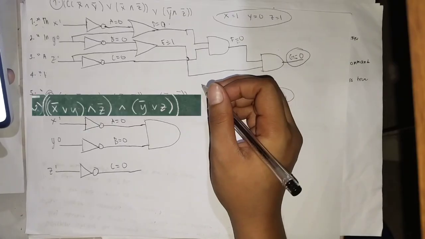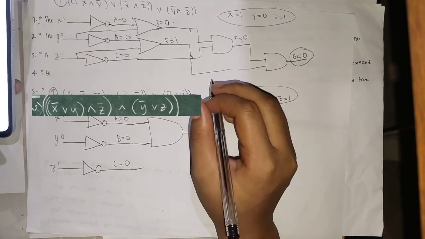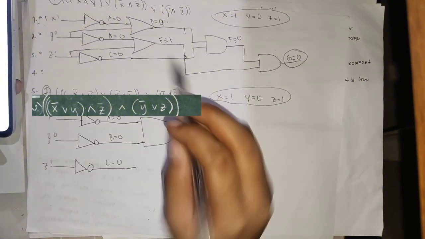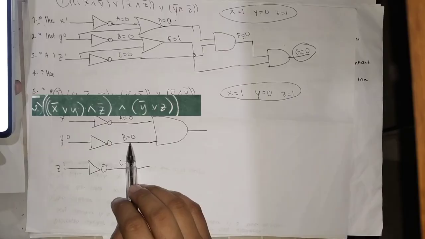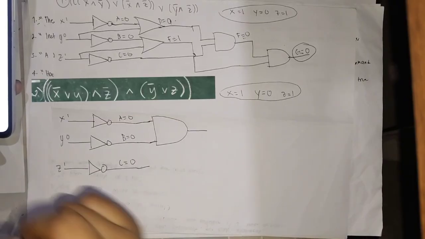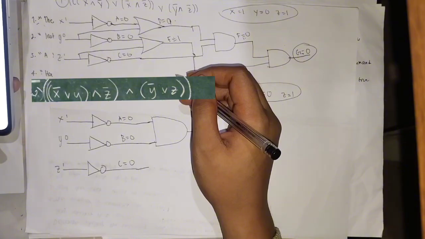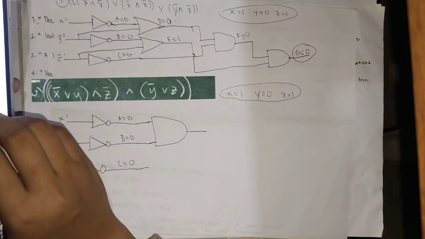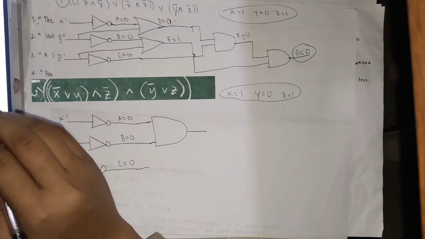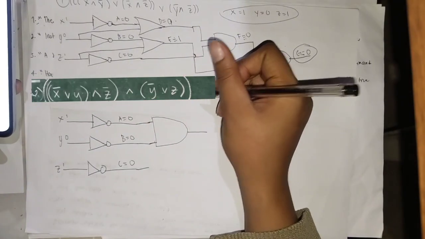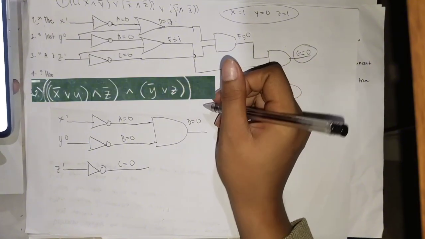This AND gate takes A, which is 0, and B, which is 0, as input. So the output of D is 0.